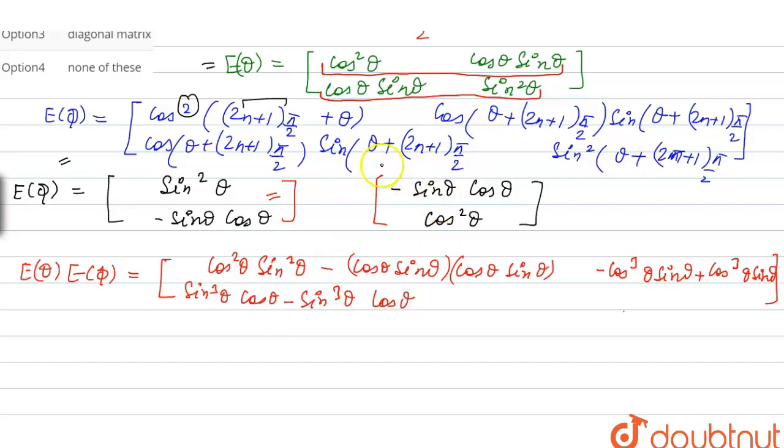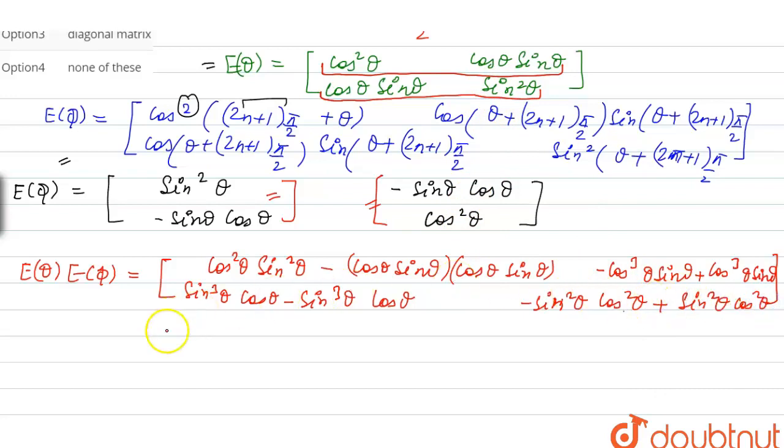Now we write row 2 multiplied with column 2. This becomes minus sine square theta into cos square theta, plus sine square theta into cos square theta.